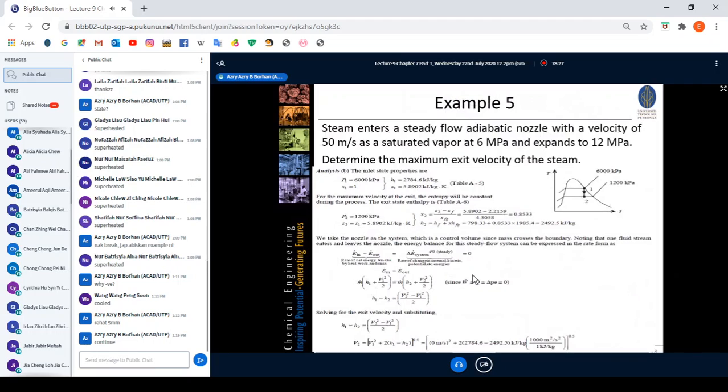Right, guys. I don't want to discuss in detail this particular example. The solution has been provided. This time you have an adiabatic nozzle. We know that an adiabatic nozzle works best when it is internally reversible.